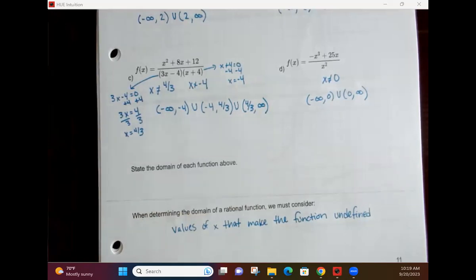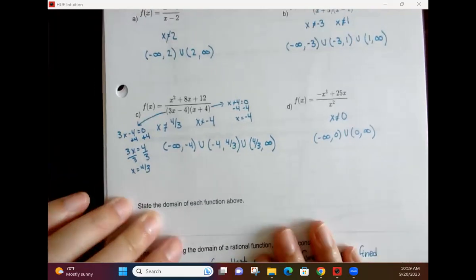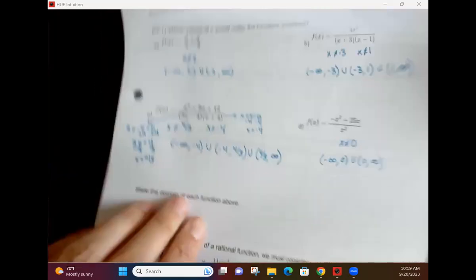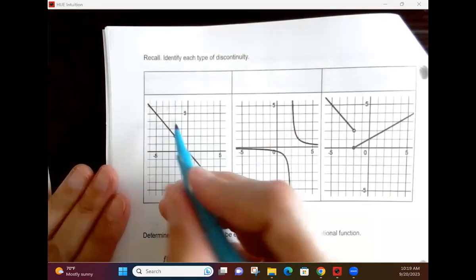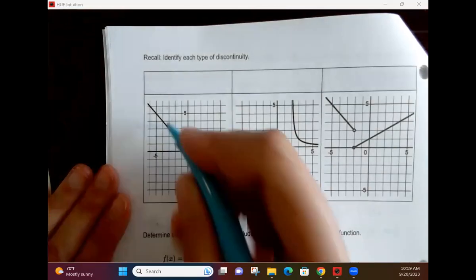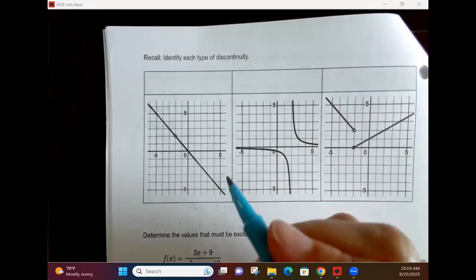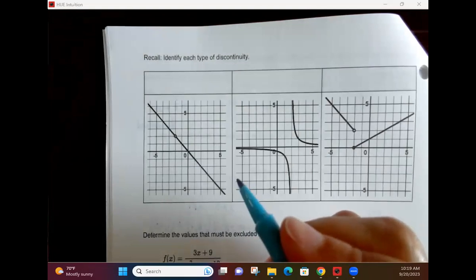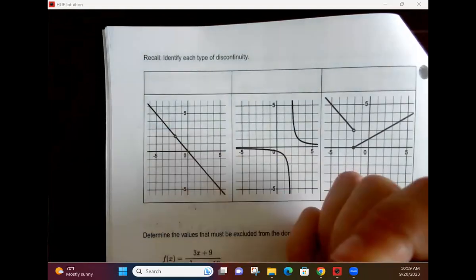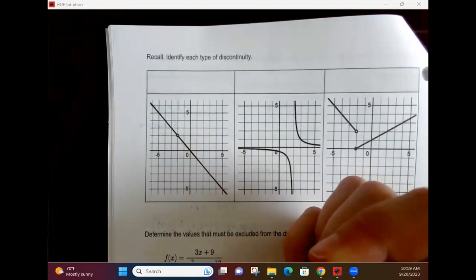So really quickly, I want to review the types of discontinuities that we talked about earlier this week. So on the next page, here we go. Exact same pictures we saw earlier in this unit, okay? This guy right here where I have a single point that is not defined anywhere. Otherwise, the rest of my function acts as I expect, except for that one spot.